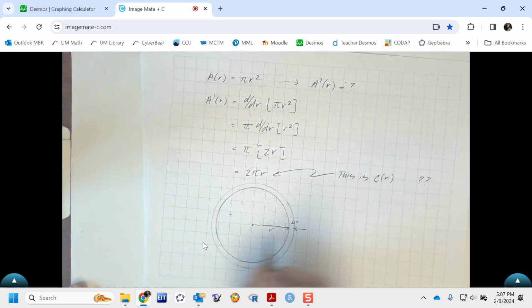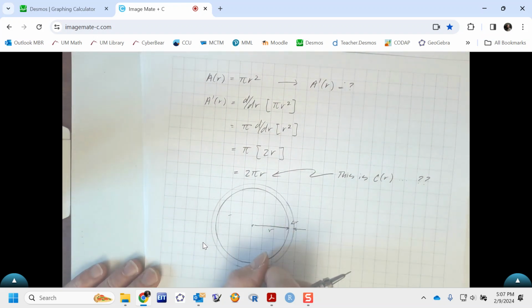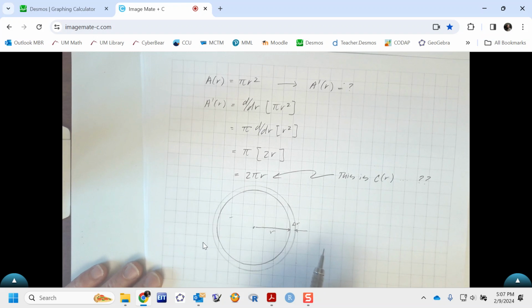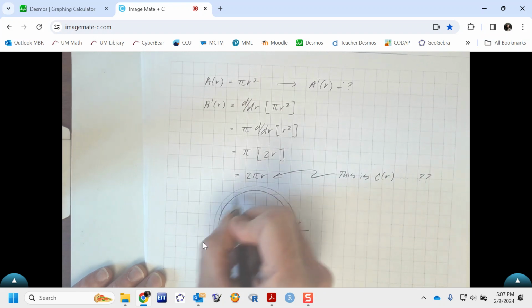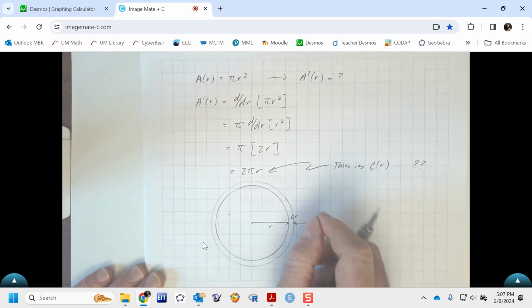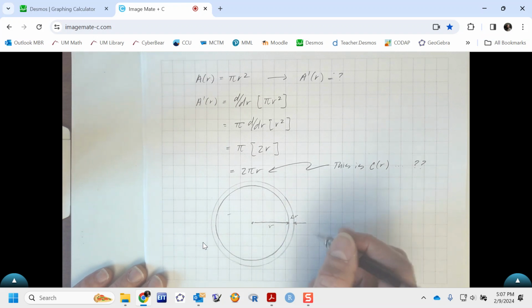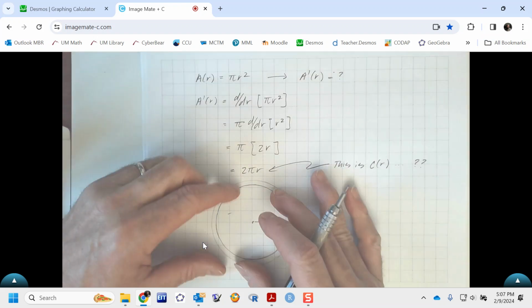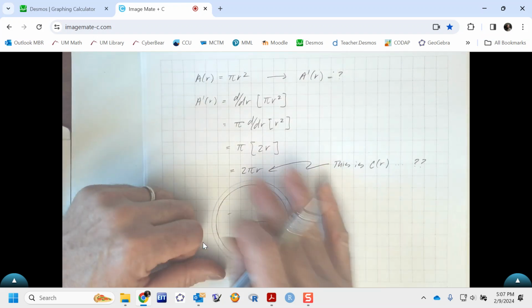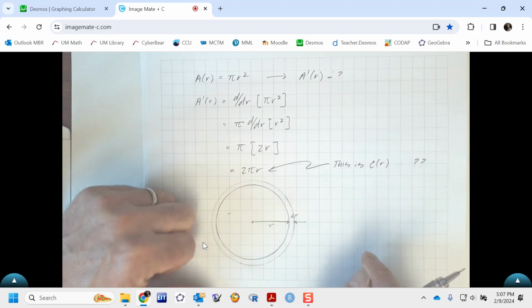So if I expand the radius just a little bit, how fast is the area changing? I think you can see what's going on. If I snip this, or think of this unrolled, what I've added is a bunch of new area that's approximately equal to the circumference of the circle. In other words, the amount of area that you add for any one given radius is approximately equal to the circumference itself.